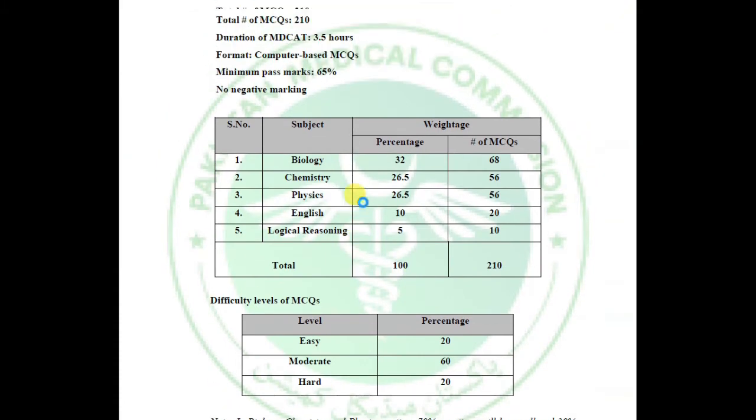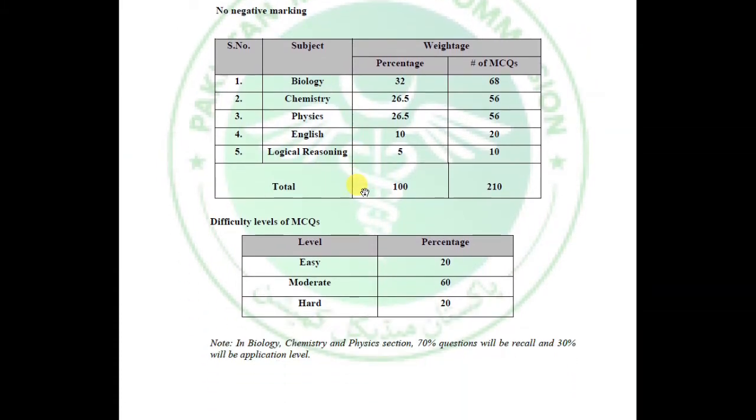For example, if we are studying the enzyme chapter and an MCQ comes that says what is the name of the enzyme for this reaction, this type of question will be recall. The name of an enzyme, or what is the definition, will be definition-based and name-based. These are the 70% questions, which will be easy, totally easy.